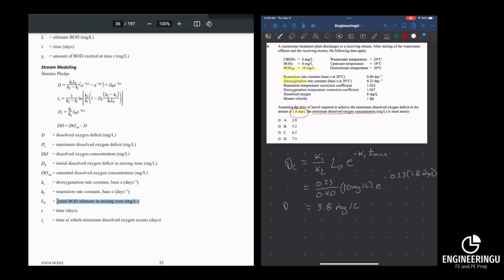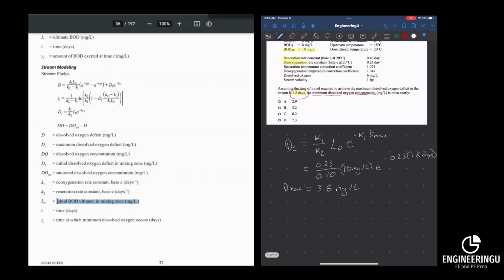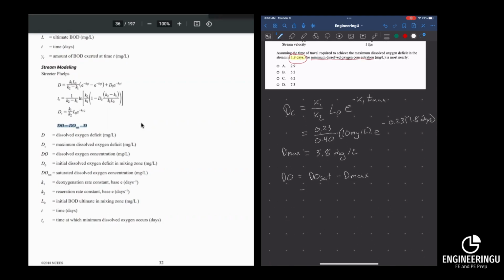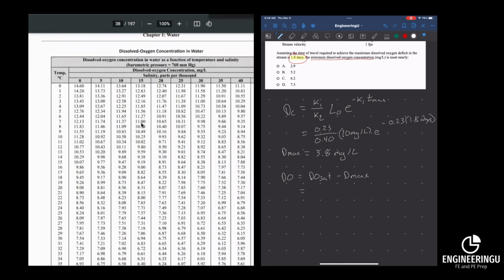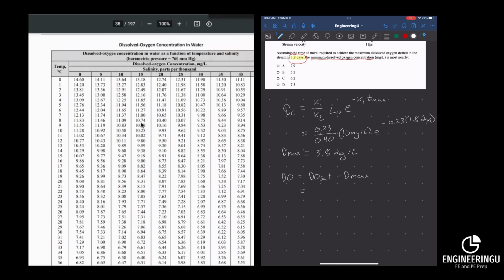And remember that this DC is the D max, the maximum dissolved oxygen deficit. And what we're looking for here is the minimum dissolved oxygen concentration. So we can take this last equation here in the reference manual, DO equals DO sat minus the D max. And for this DO sat value, we'll look it up in the table of the dissolved oxygen concentrations in water.